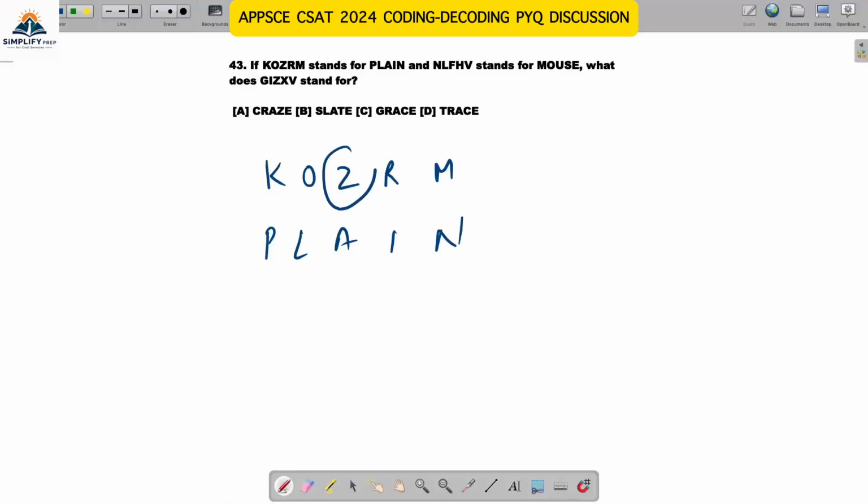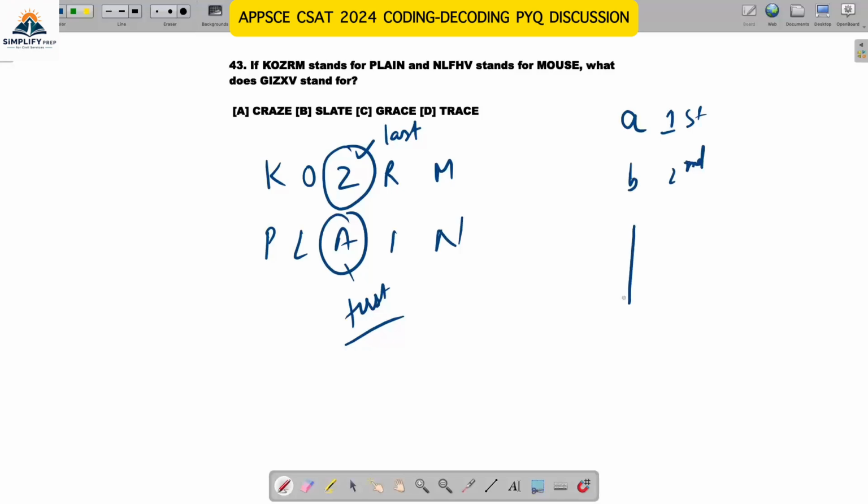If you focus on Z, Z is the last letter in the ABC and A is the first letter. If I say A is first, B is second, then when I go to Z, Z is 26th.